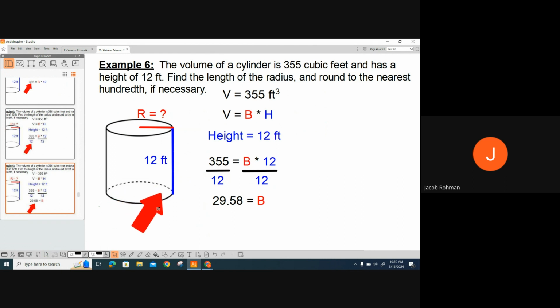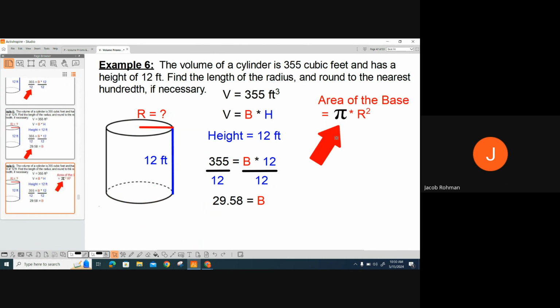Well, we know the base in this case is a circle. So the area of a circle, remember, is pi r squared. So if I were to take 29.58 and set that equal to pi r squared, then I could solve this equation for radius, which is really what I'm looking for. Remember, r, we don't know that one. So we're going to start solving this equation by dividing both sides by pi.